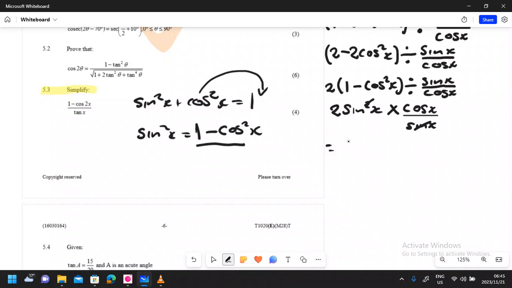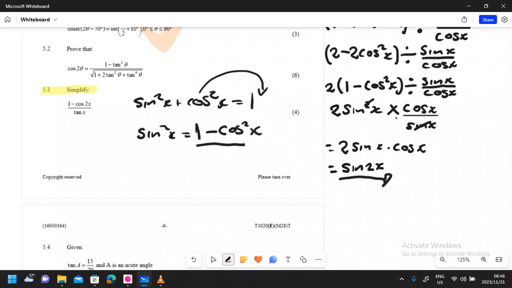Now we're only left with 2 sine x multiplied by cos x. Now this again is a double angle identity. Remember, go to the video on double angle identities, guys, and you will see this. So this is going to be the double angle identity for sine: sine 2x. So that is your final answer.